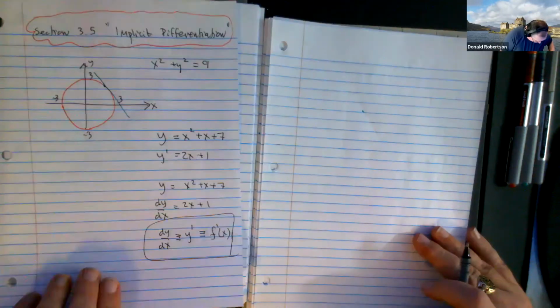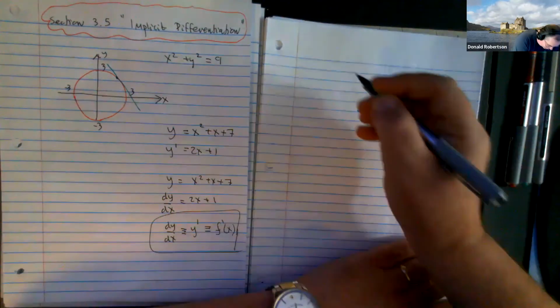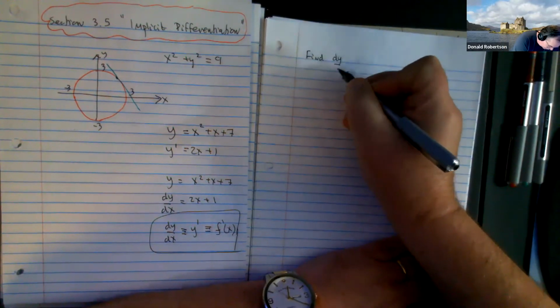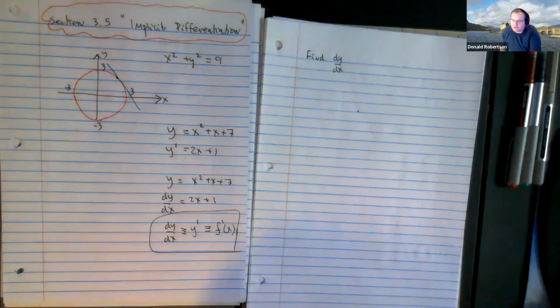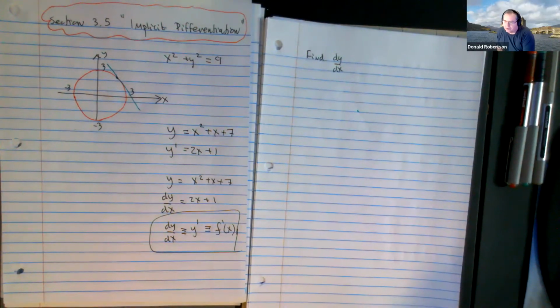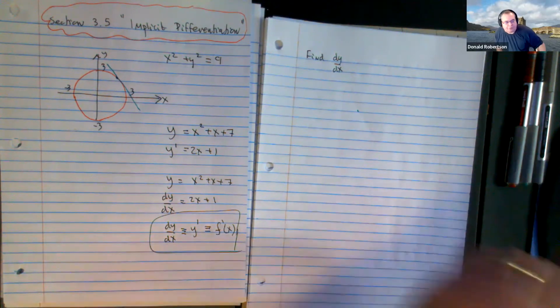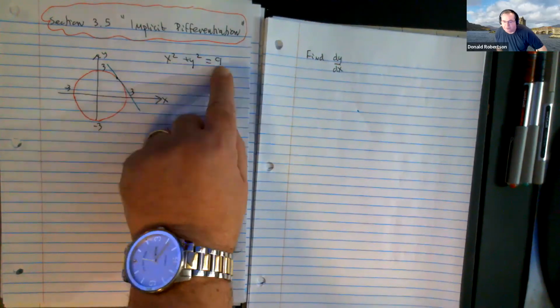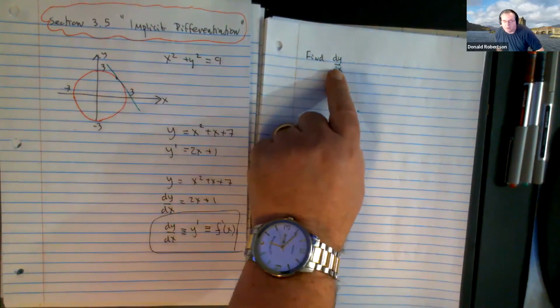So when you do implicit differentiation questions, you are going to be asked to find dy by dx. That's the notation that they're going to use, or the way they're going to phrase find the derivative. Now, there's a lot of skill building and little things that we need to do before we can actually start tackling finding the derivative of this function, finding dy by dx.